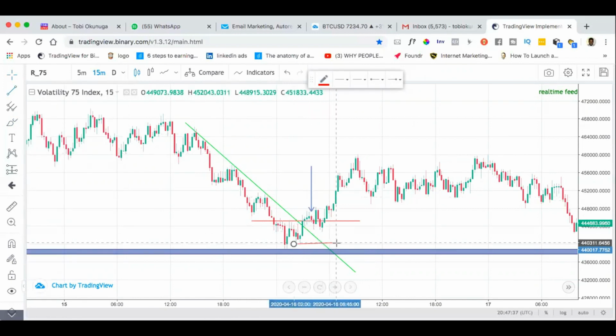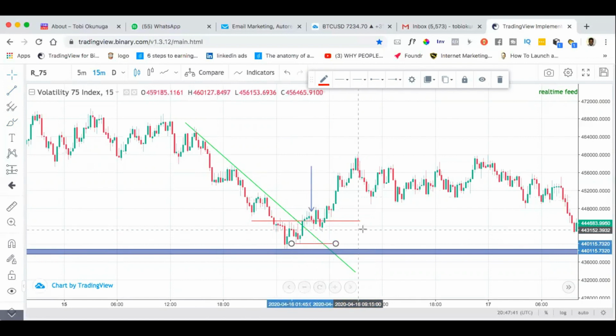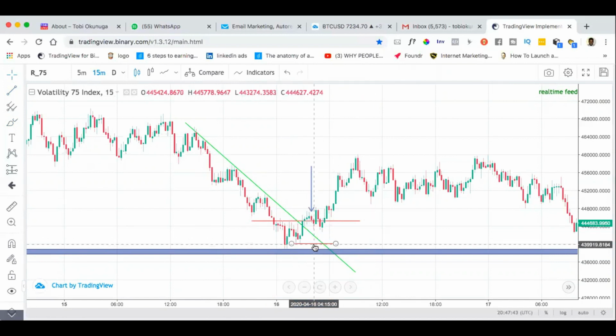So I don't use a stop loss, but I use a mental stop loss, such that once price gets to this particular zone and price closes below this zone, I exit the trade, because there are times that price might come back to this zone and hit it, but does not close below this zone.